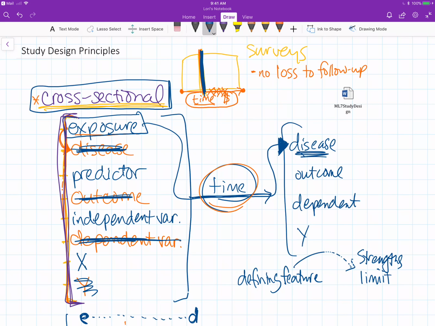There is no perfect study design that is better than the others. It depends on your research question, the money and the time that you have to conduct that research. And so every study design has pluses and minuses. And so thinking about that defining feature will really help you understand those strengths and limitations so that you don't use that study or the findings from it incorrectly.